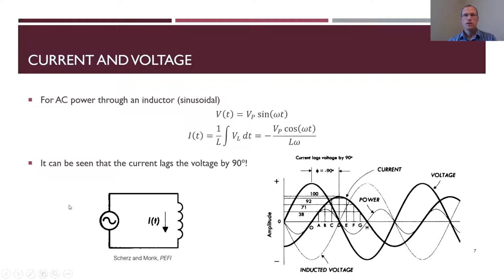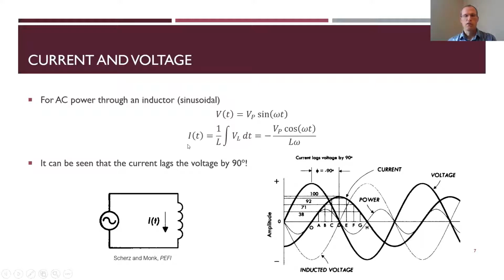So now if you look at the current and voltage through an inductor, just the easiest case possible, have some alternating current source, some inductor, so just those two components for now. Voltage coming out of the source, some peak voltage Vp times sine of omega t.